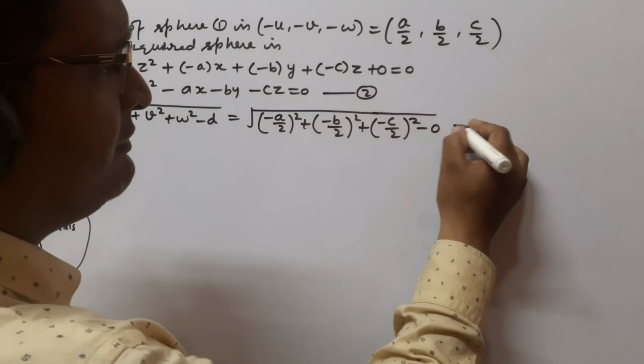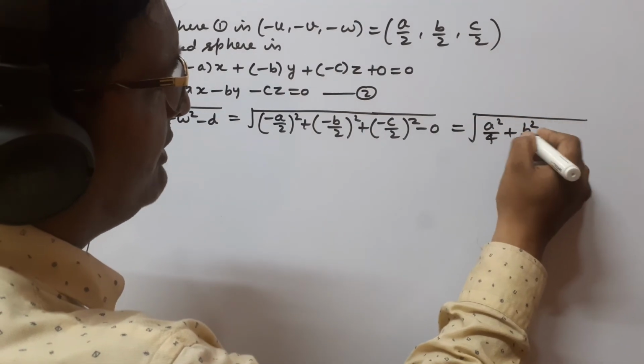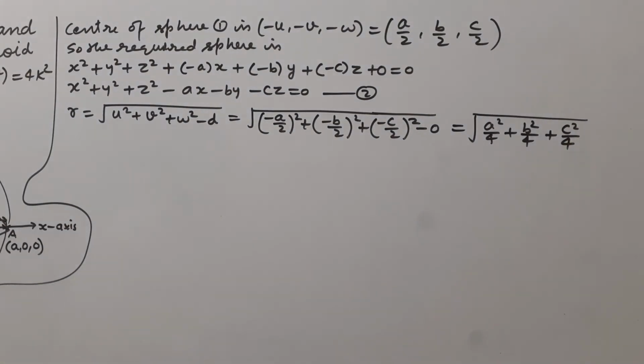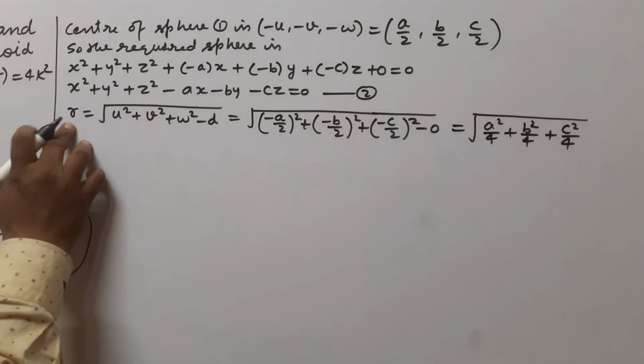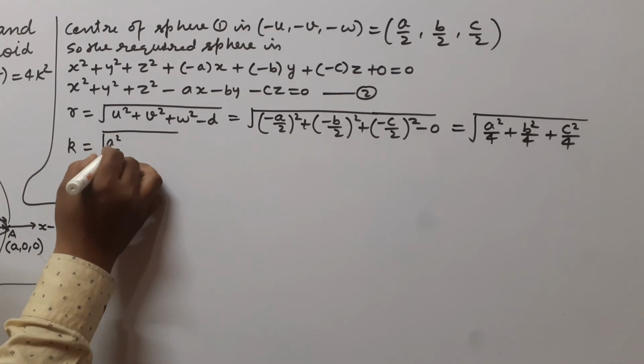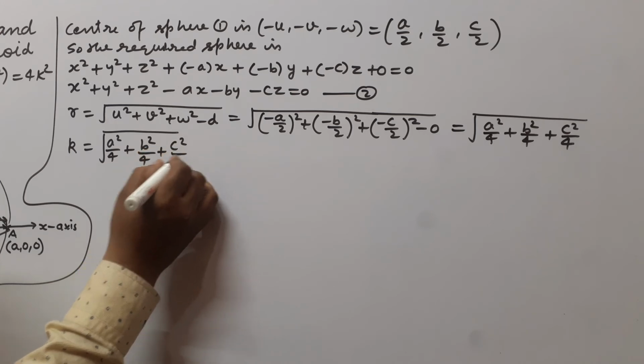Now we solve this, we get here a square by 4 plus b square by 4 plus c square by 4. Here it is also given that the radius of this sphere is equal to k. So in place of r we put here k is equal to under root a square by 4 plus b square by 4 plus c square by 4.